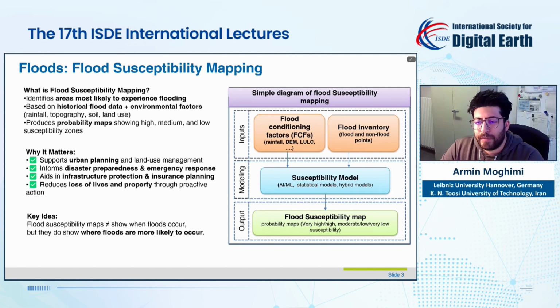The model then produces a prediction map across the entire study area, classifying it into different levels of susceptibility from low to high. This process gives us a far more reliable and forward-looking tool for managing flood risk.